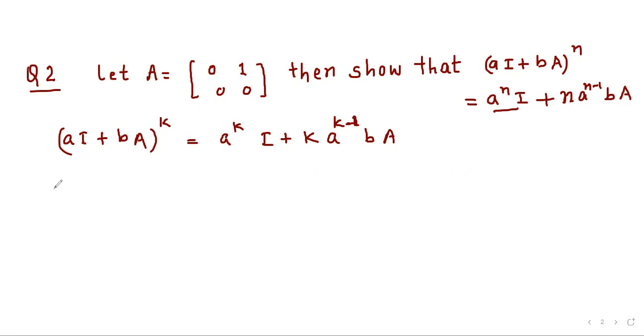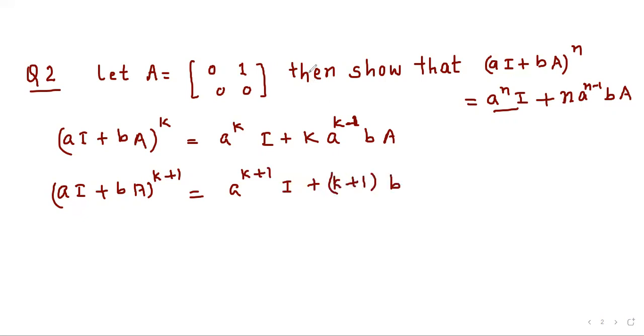So in LHS, we have to find out (ai plus ba) power k plus 1, and that should be equal to a power k plus 1 i plus k plus 1 a power k ba.